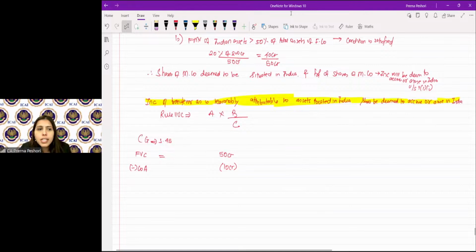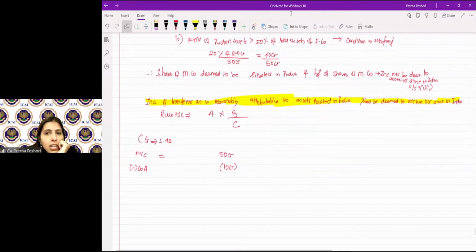Yes, students, you have forgotten the capital gain. Students, it is LTCG.